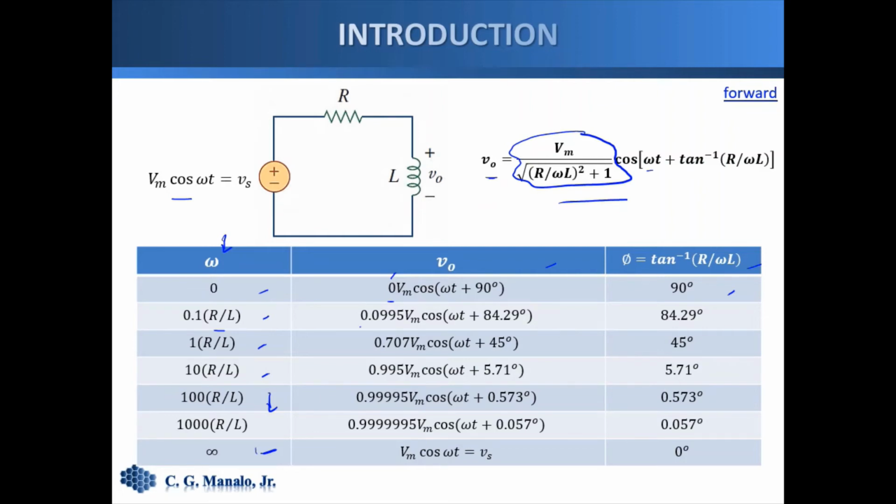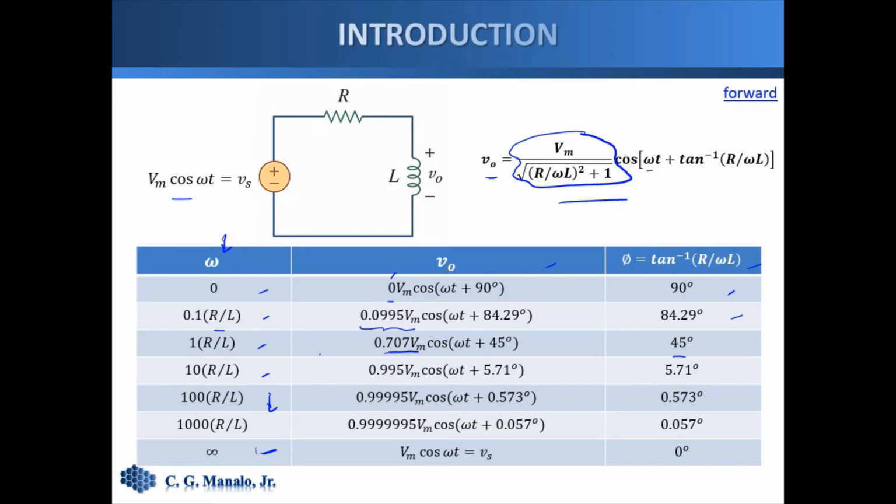That should give us a slight increase in magnitude, but a slightly lower phase angle. A further increase in omega will increase the magnitude, but will decrease the phase angle.